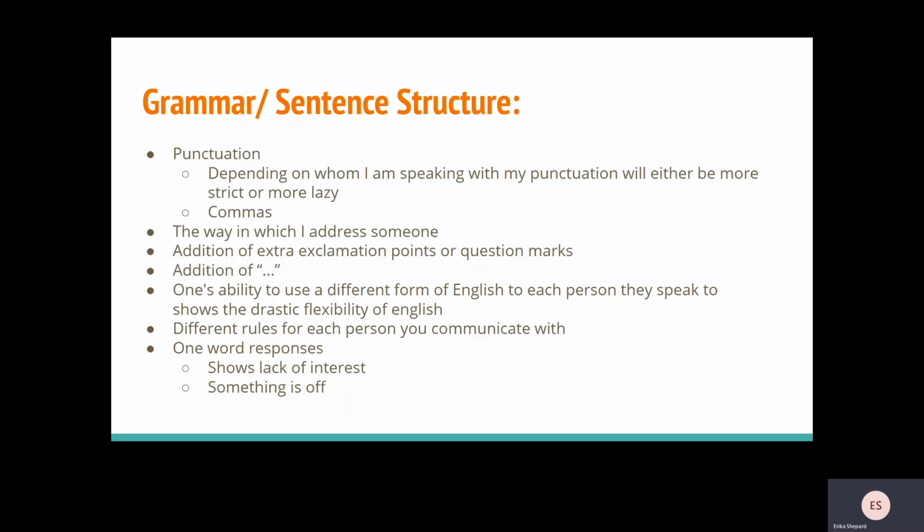Grammar and sentence structure. Punctuation. Depending on who I'm speaking with, my punctuation will either be more strict or more lazy. And I say this because when I'm speaking amongst my peers, I tend to be more lackadaisical, for lack of a better word, in how I structure my sentences, where I put commas, how many exclamation points, where I put capital letters, where I don't.